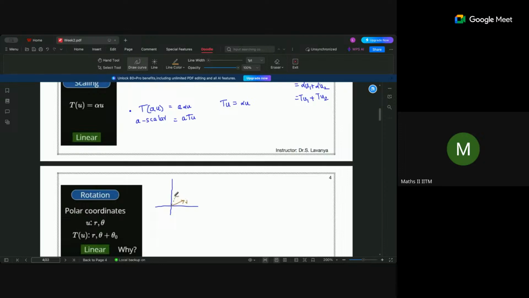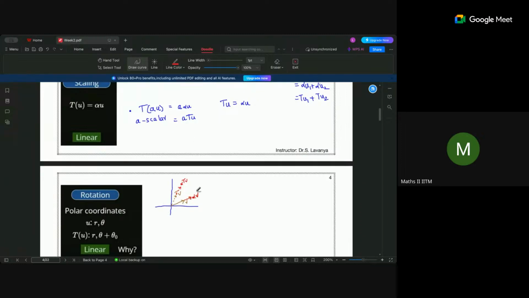So this is your T v, let us say. Now if I scale this vector and then rotate, it is the same as just scaling the rotated vector itself, right? True or not? So you can easily visualize that this property holds.